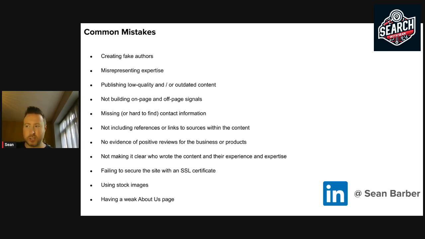Using stock images, it's a quick fire way of getting an image, and I get that, but the more unique you can make images, your consumers with the products or using your service or whatever it may be, your staff members, it's going to make you more unique, your content stand out.